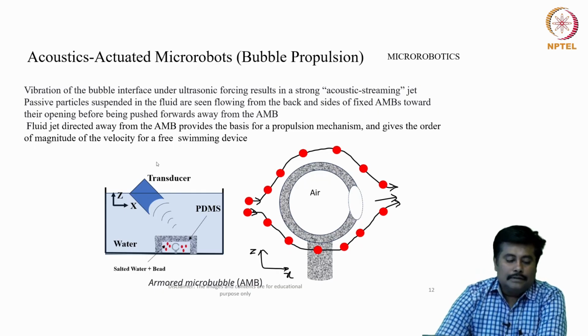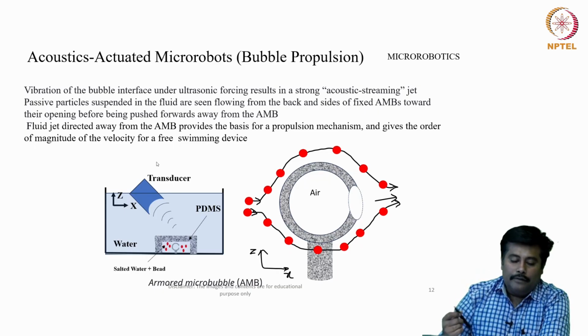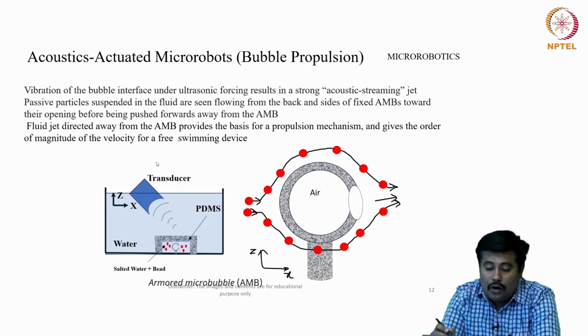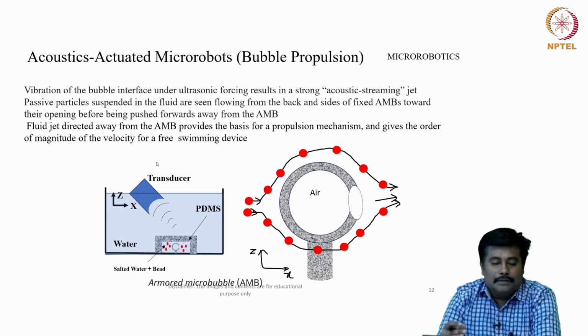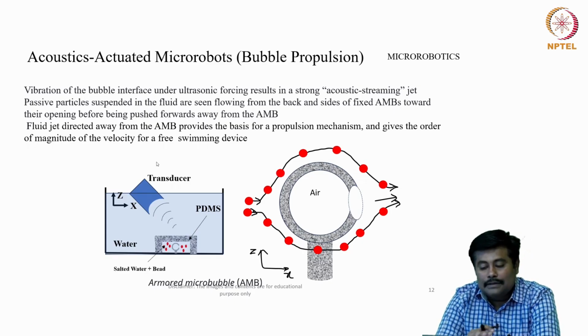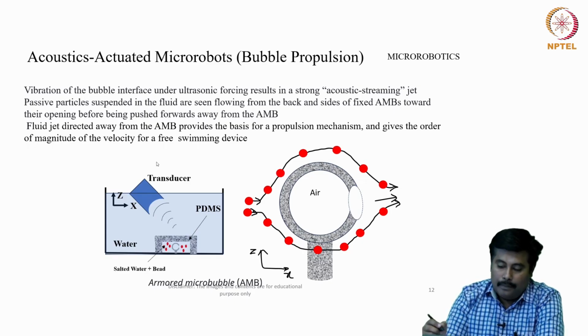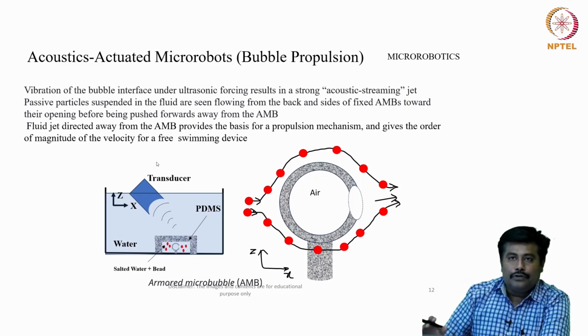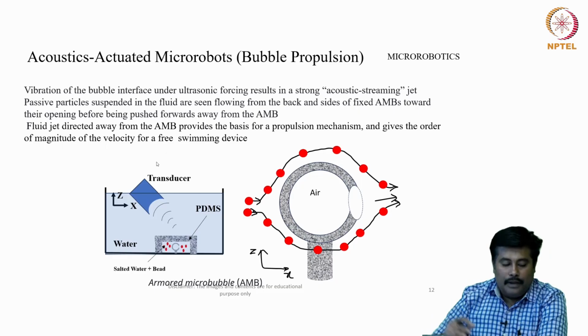In this particular case, the vibration of the bubble interface under the ultrasonic force results in a strong acoustic streaming. A jet of passive particles suspended in the fluid is seen flowing from the back and sides of the fixed armored micro bubble towards its opening, before being pushed forward away from the AMB.